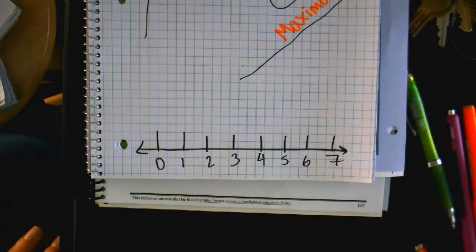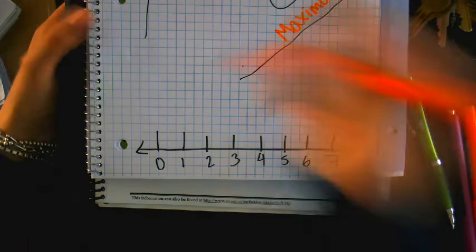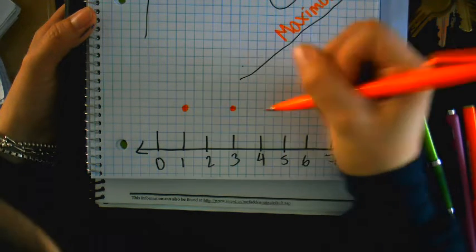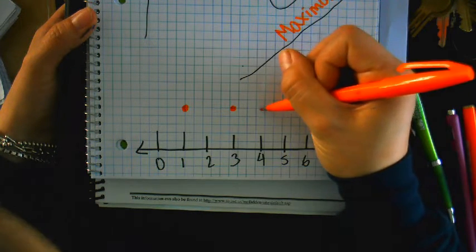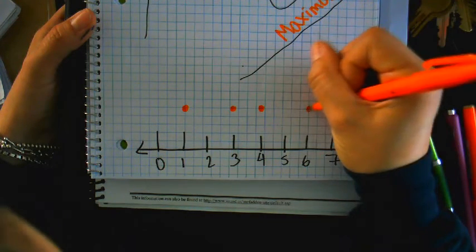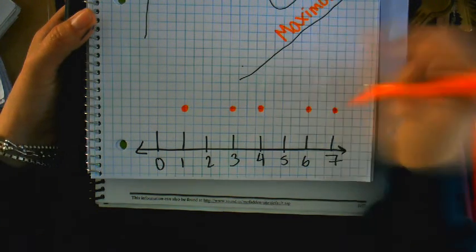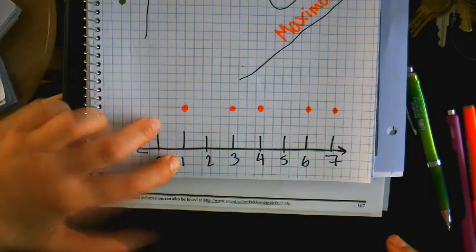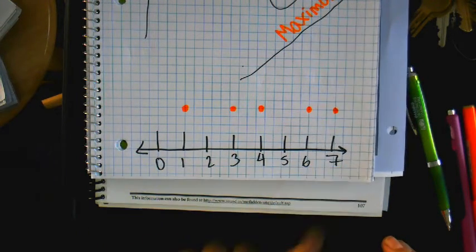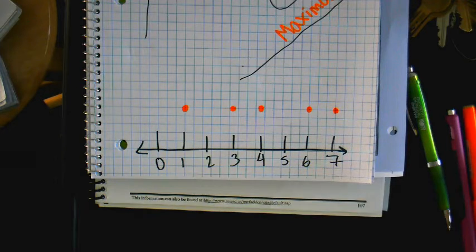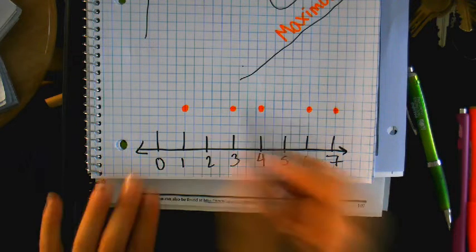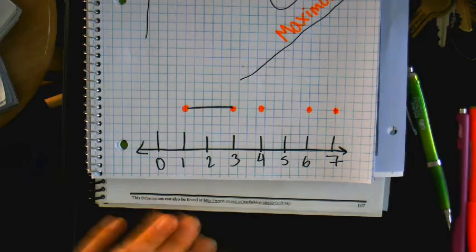Can you put a dot on top of the 1? On top of the 3? On top of the 4? On top of the 6 and the 7? So a dot on top of the 1, the 3, the 4, the 6, and the 7. We are building our box and whisker plot. The first 2 dots are connected via a line, the whisker.